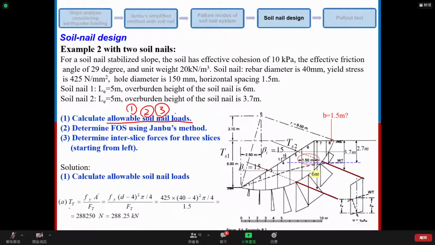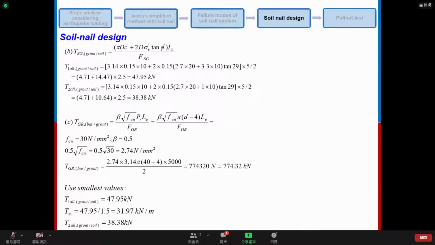The first one is the breakage of the reinforcement: the yield stress multiplies the corrected area considering the effect of corrosion. Due to the corrosion, the D will become smaller, right? So the factor of safety is here. We get this final result.